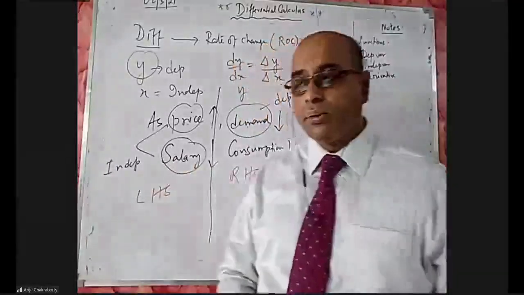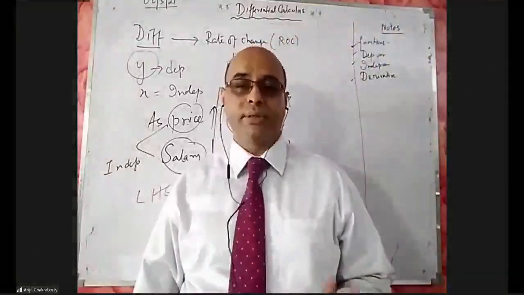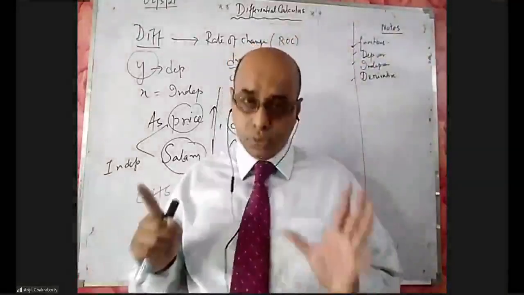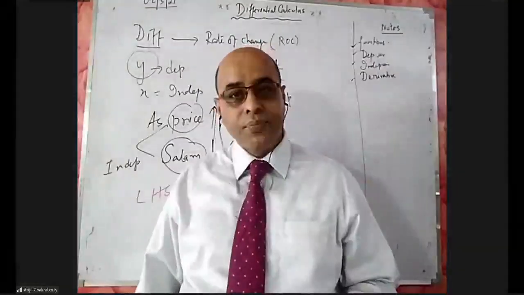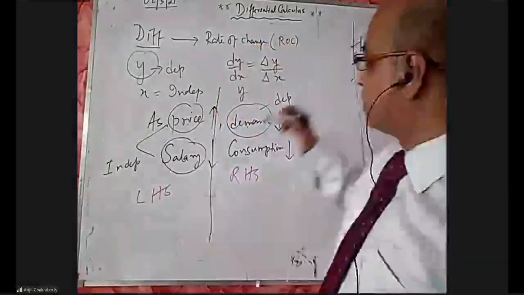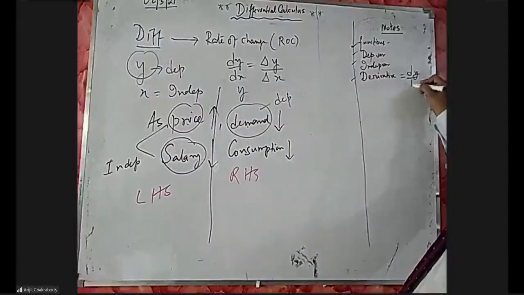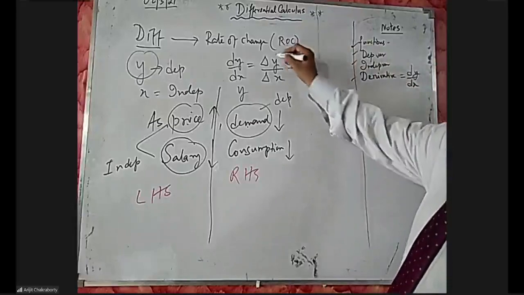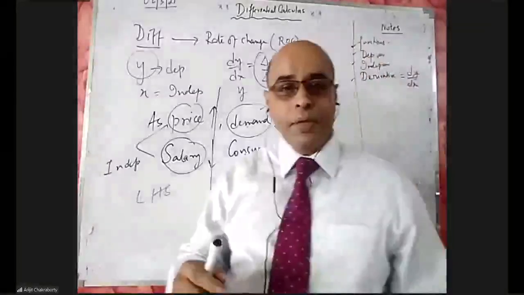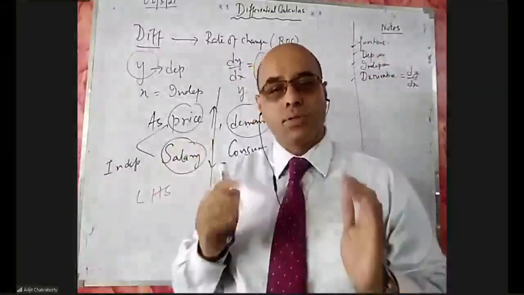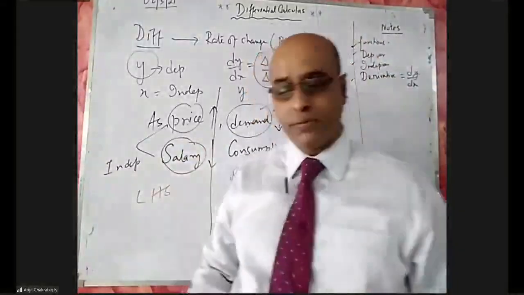Primarily in calculus, we will see the differential calculus component, the first part which we are doing today, and we are going to complete the entire chapter today. It deals with the concept of derivative, which I have written here. Derivative means dy by dx, which measures the rate of change in the dependent variable, y, with respect to a small change in the independent variable.